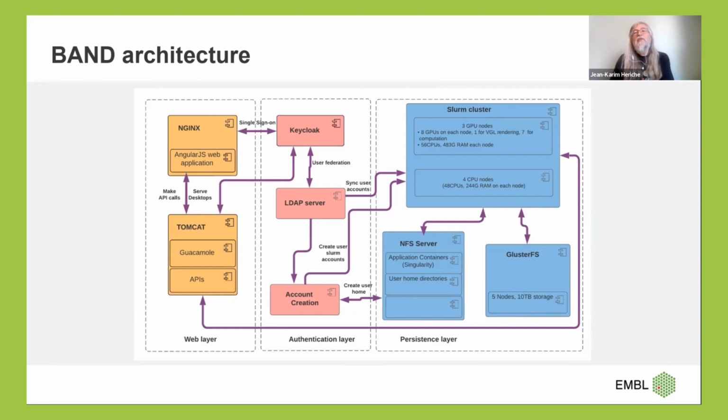Each of those machines has 56 CPUs and 483 gigs of RAM. Besides those, we also have purely CPU nodes for desktops that don't need GPUs, and they have 48 CPUs and 244 gigs of RAM.